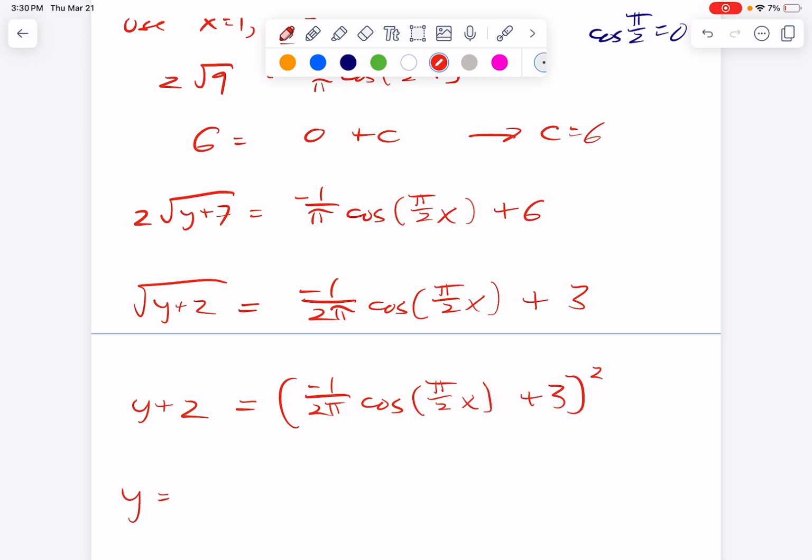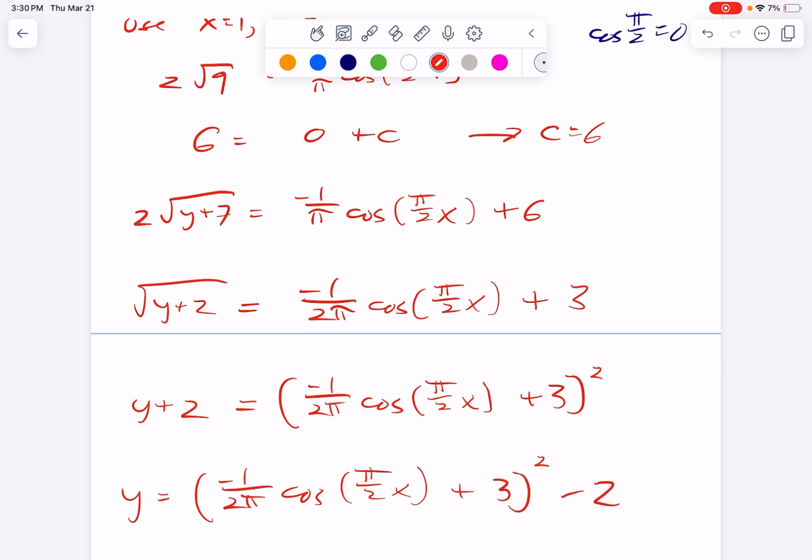And I will subtract 2. Let's just double check these last couple of steps. Divide by 2 looks good. Squaring both sides looks good. Oops. And then I just subtracted 2. So this would be our final answer.